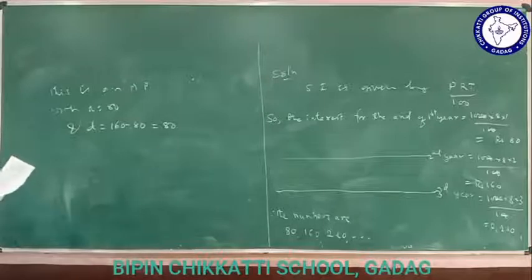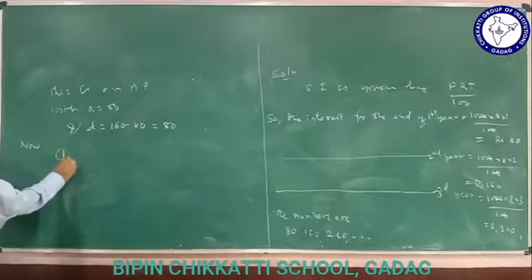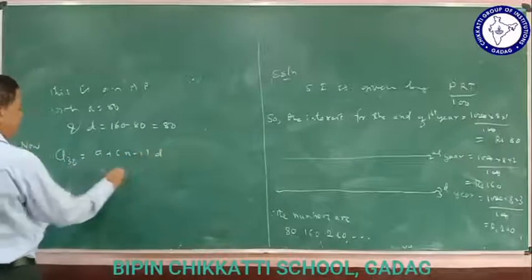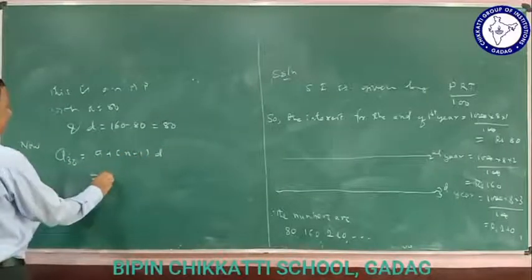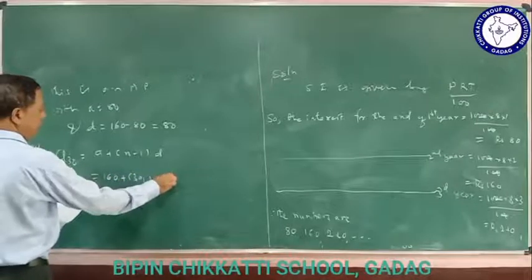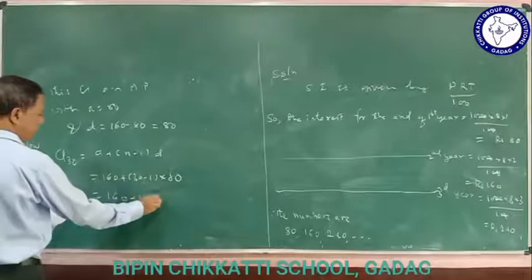So you have to calculate at the 30th year. Now you have to calculate A30. A plus (n minus 1) into d. What is A? A is 80 and 30 minus 1 into d, which is 80. So 80 plus 29 into 80.